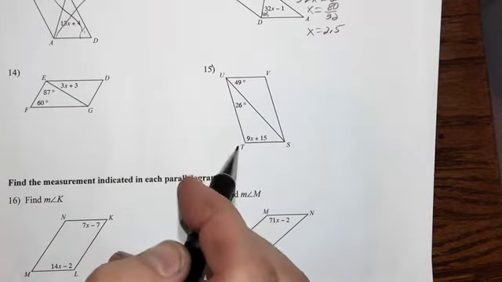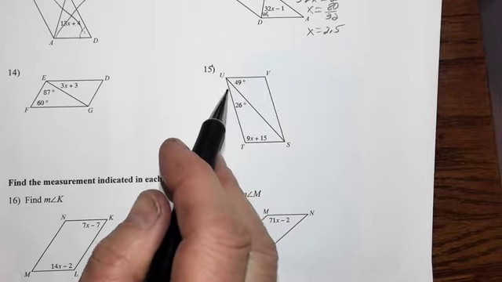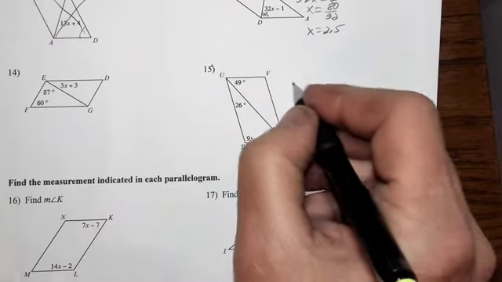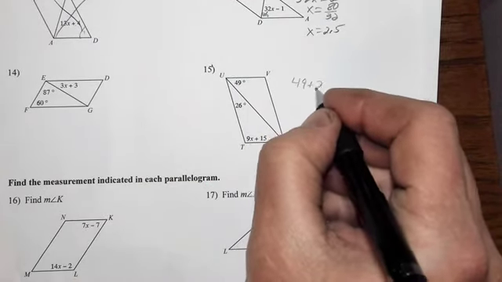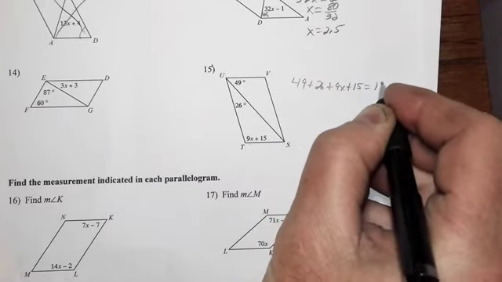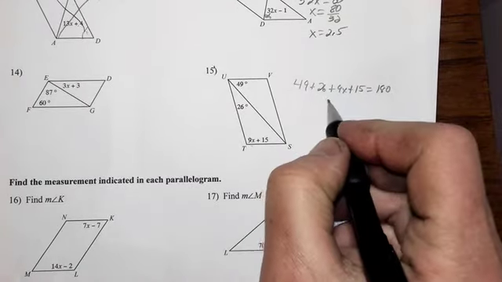All right, one last example like this. Again, I know consecutive angles are supplementary. So this plus this equals 180. 49 plus 26 plus 9x plus 15 equals 180. Then it's a matter of just solving again.